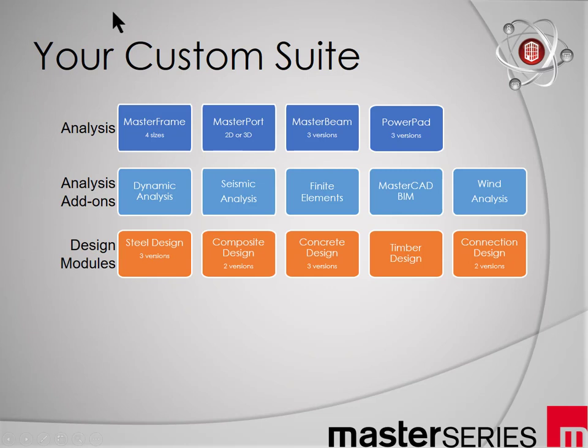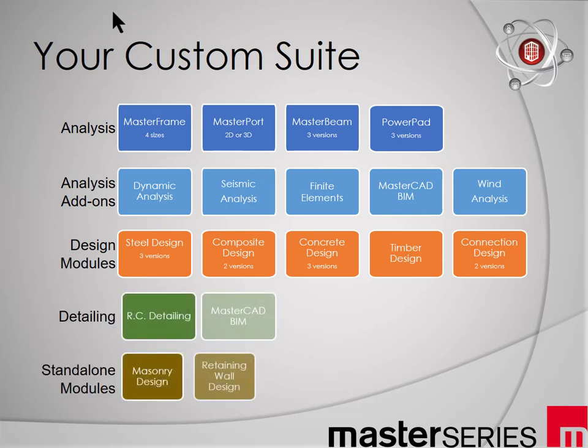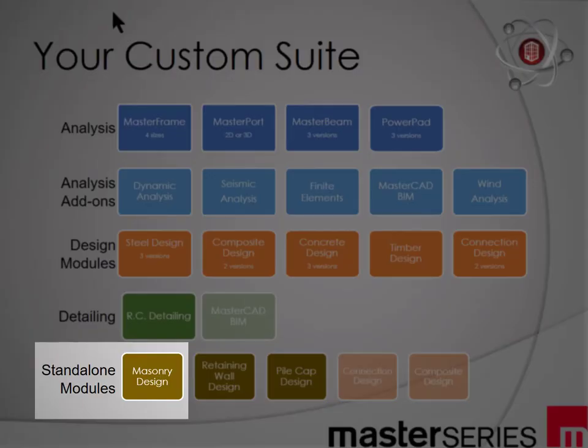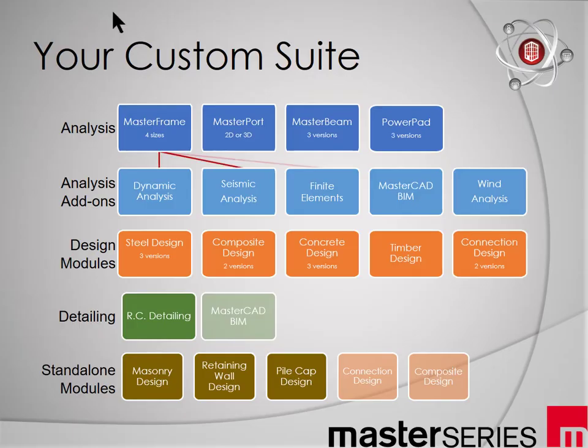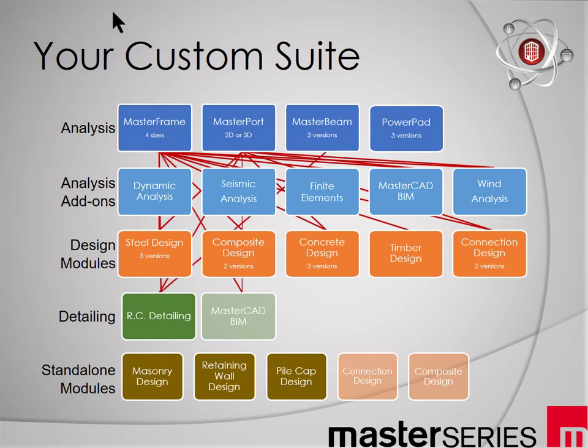So back onto this screen and off we go again. As you can see, masonry down at the bottom here is one of these standalone products, so that you can take that and nothing else and use that. And here we can see the interconnectivity of all the different applications that are the integrated systems of the core MasterSeries. But as I said earlier, today we are looking at this standalone masonry program.